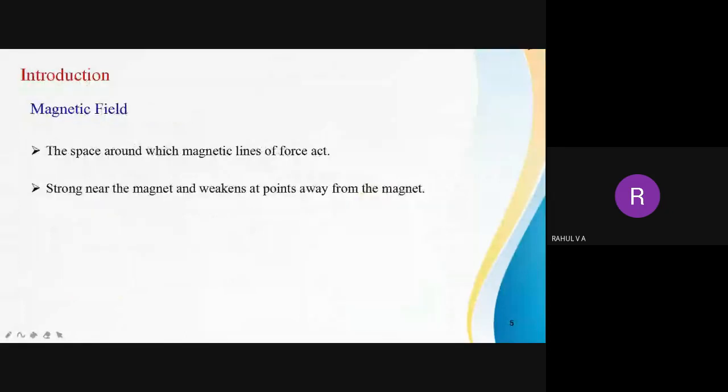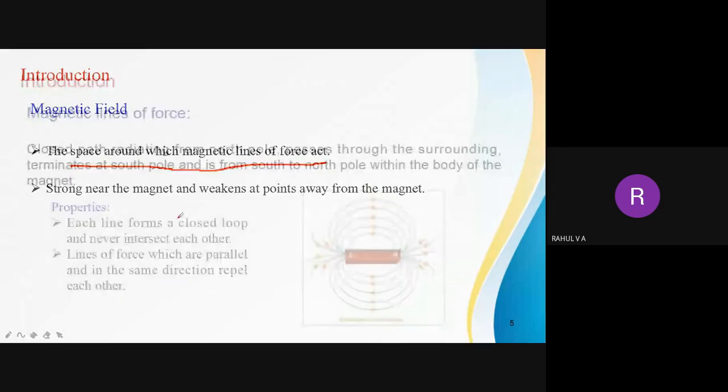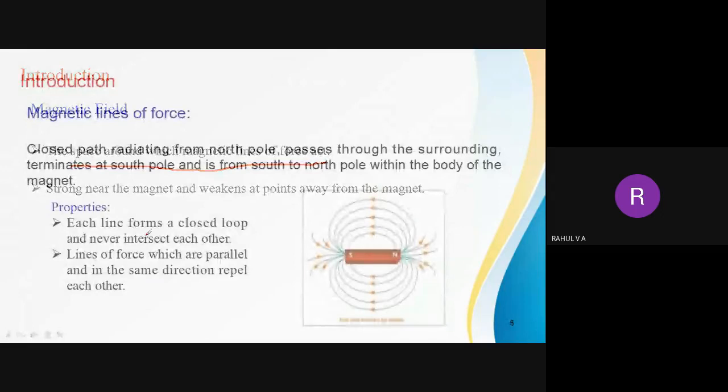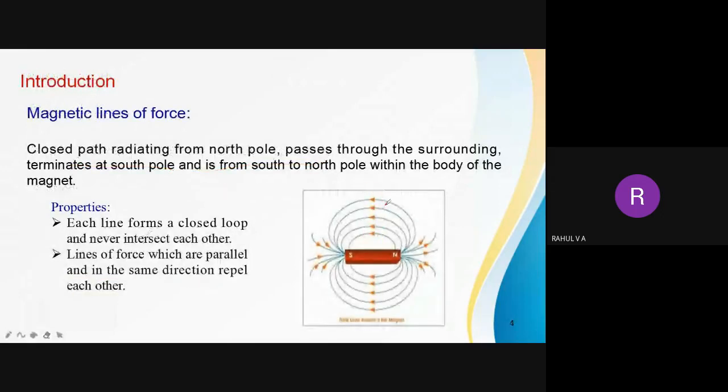Then what is a magnetic field? The space around which magnetic lines of force act. Okay, so what is a magnetic field? If I place a point here, these magnetic lines of force will act on that point.